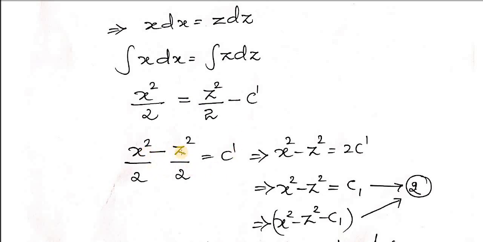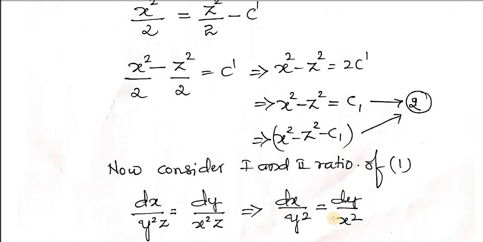Therefore x square minus z square is equal to 2c dash, since the 2 goes to the RHS side. Make 2c dash equal to c1. Therefore x square minus z square is equal to c1. I can take c1 to the LHS side, so x square minus z square minus c1 is the first solution. Make it equation 2.